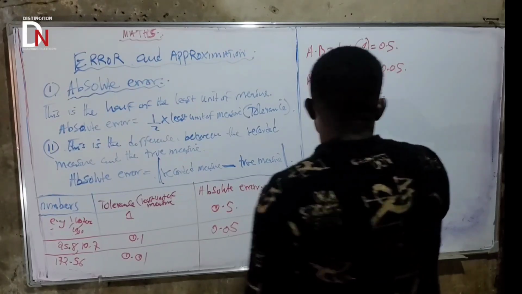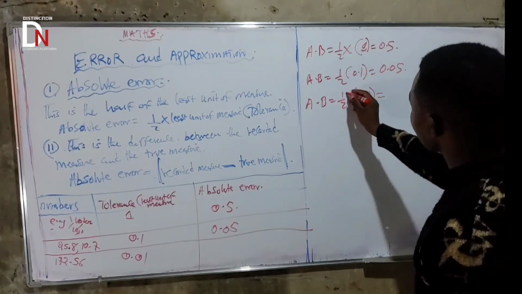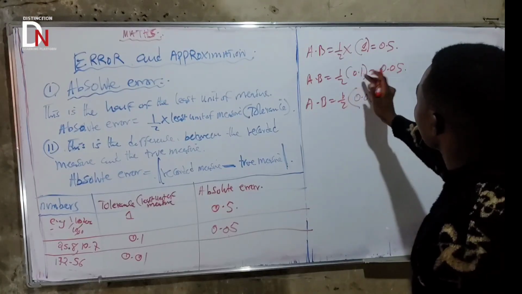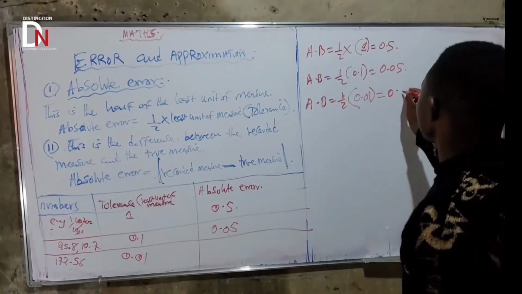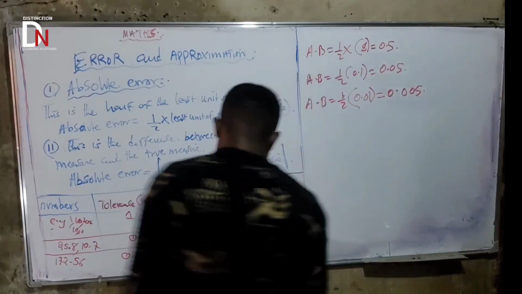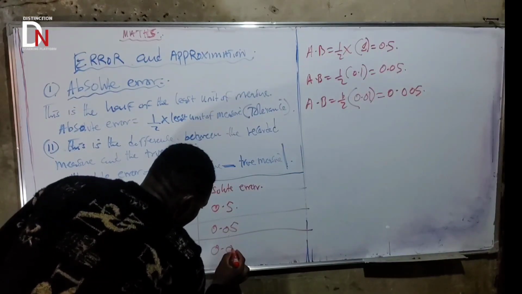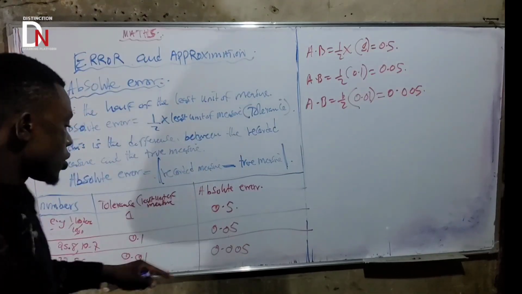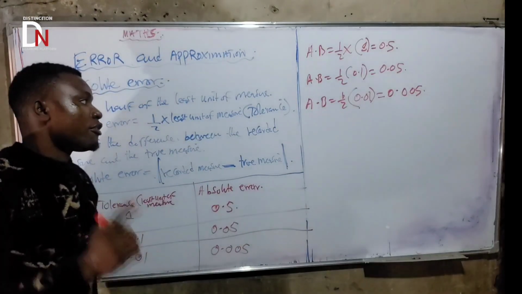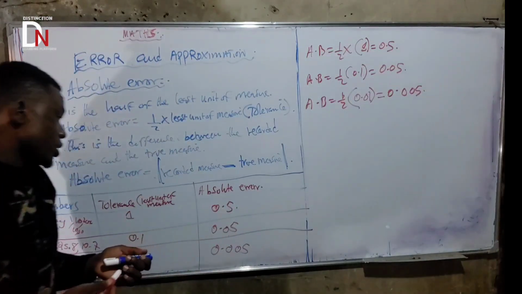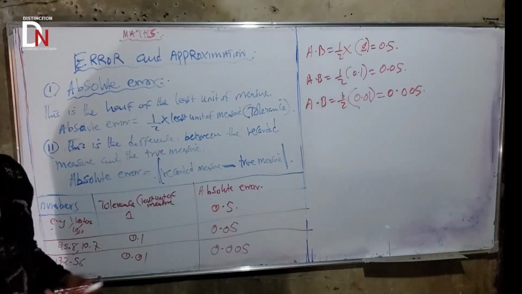If I multiply this, I'll get 0.005. So it's a pattern like that. If there were 3, 0.000 and a 5. So it's a pattern. That's how you find the absolute error.